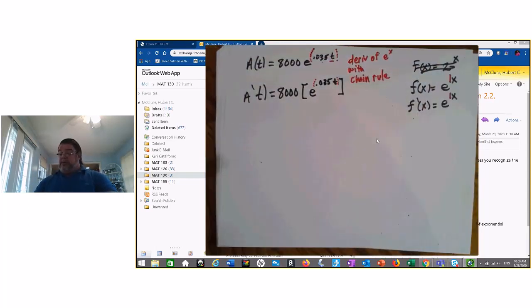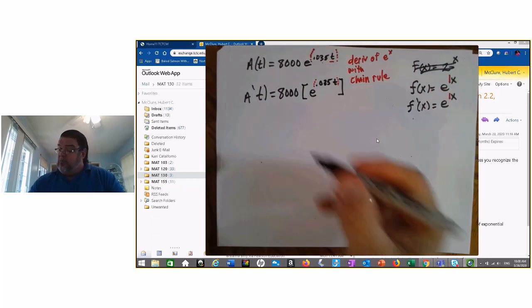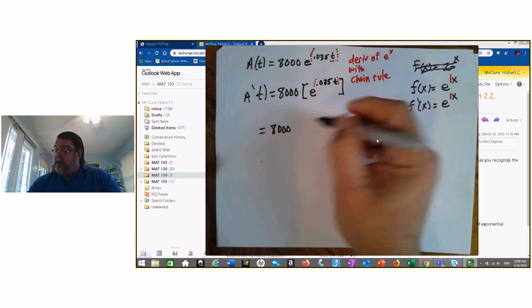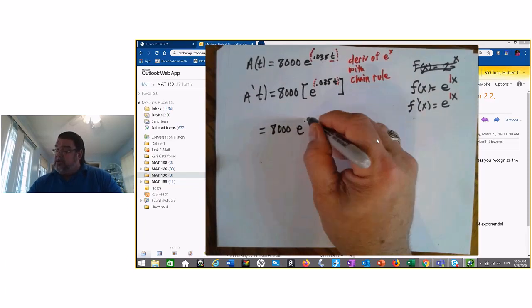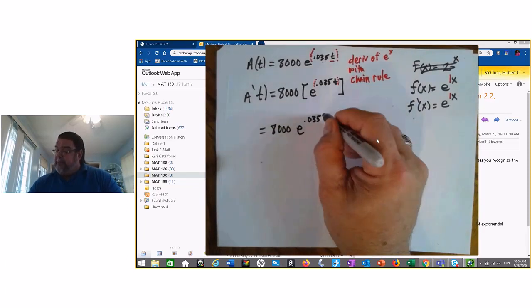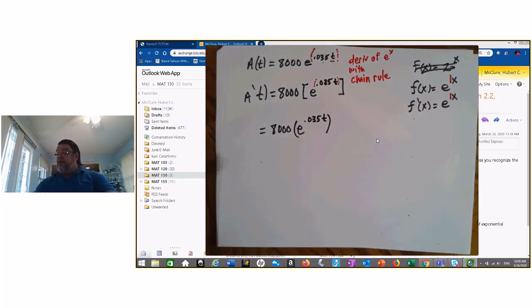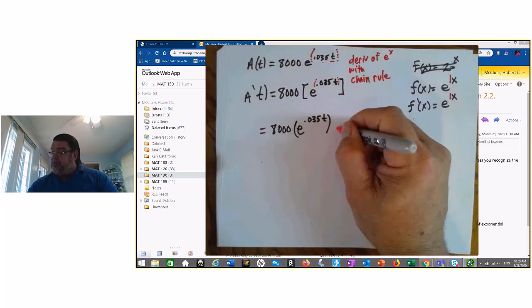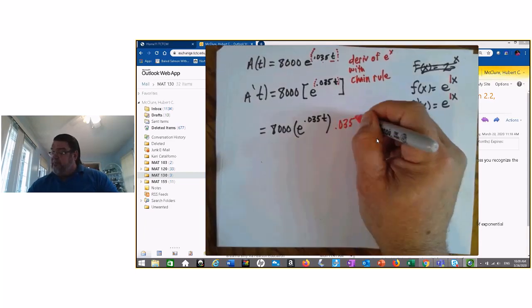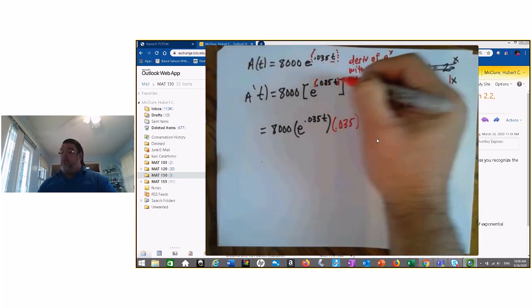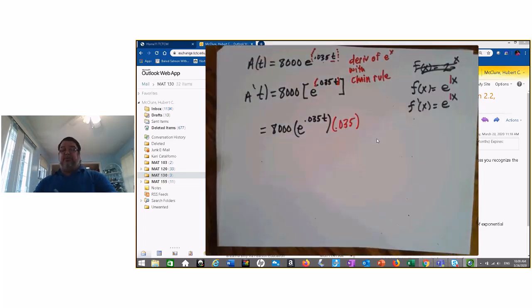So that means I've got to do 8,000 e to the 0.035t, and then I have to take the derivative of 0.035t, which is 0.035. And I just took the derivative of what was inside the parentheses.